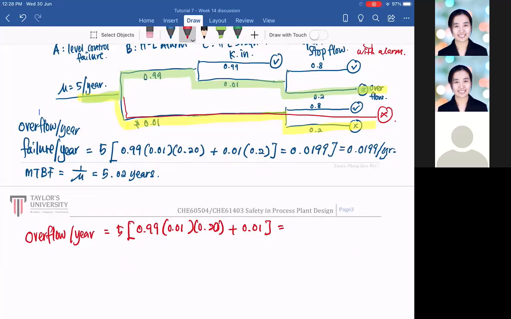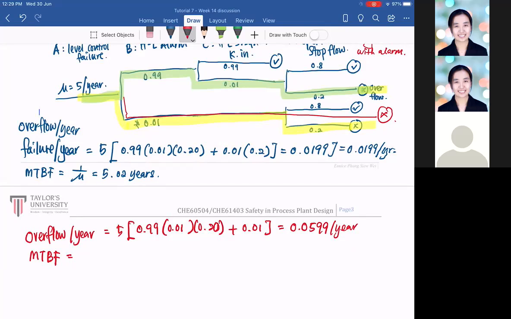So 0.99 times 0.01 times 0.2, plus times 5. So immediately you notice that this increased, 0.0599 per year. And your mean time between failure is 1 divided by 0.0599. Oh, I think I made a mistake here. 1 divided by 0.0199.